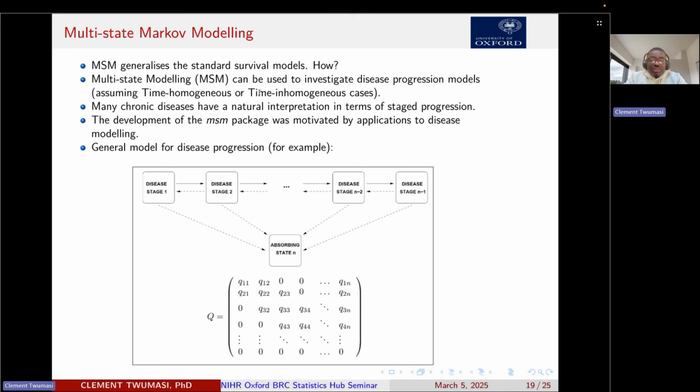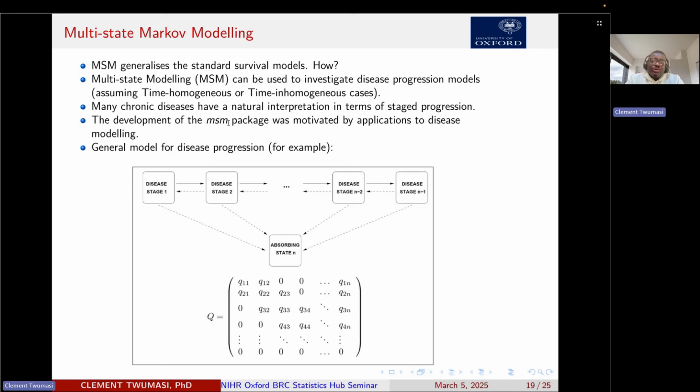And we have the time homogeneous case and the time inhomogeneous case. The time homogeneous case is when you assume that transitions between different disease states, or different infection states, or different states of interest remain constant over time. If that assumption holds, then that is the time homogeneous case that you are going to consider.